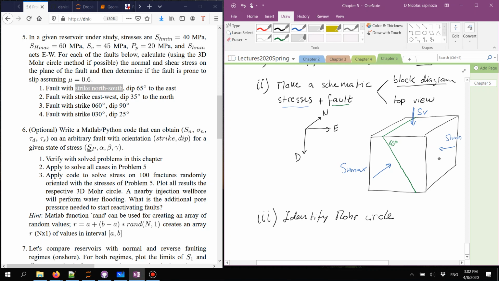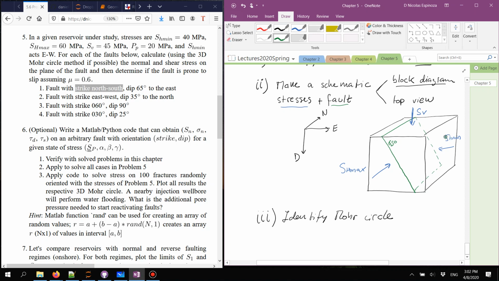In this particular case, let me draw a little bit more the hidden side of this fault so it's easier to recognize that this is a plane. The stresses that project on this fault are SV and SH min.